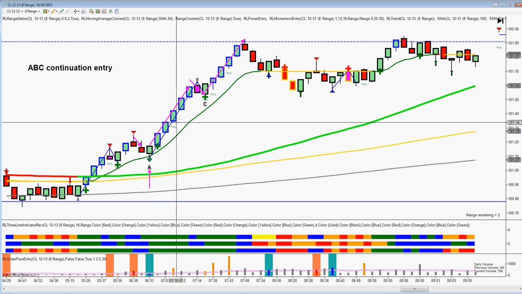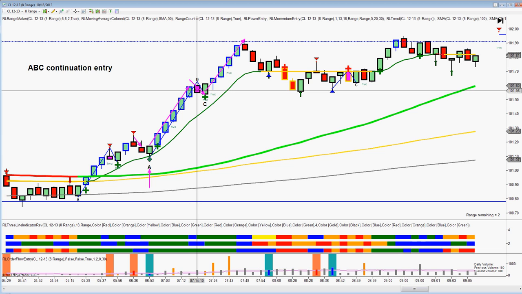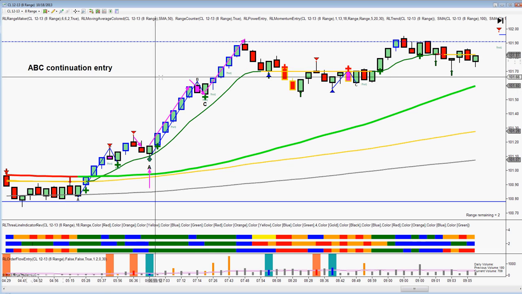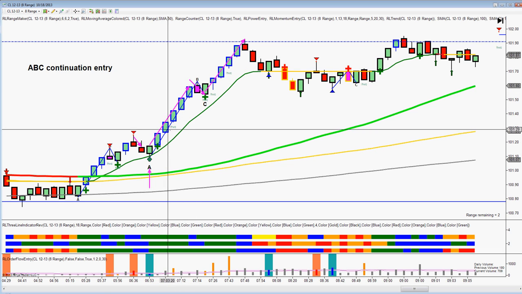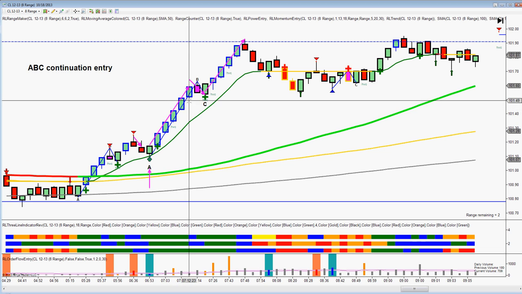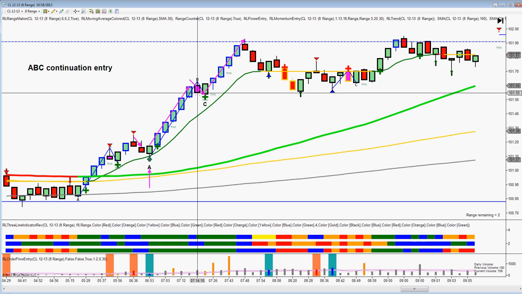So the market moves up, and then we get a B candle, and the B candle is always colored purple. And what the B candle tells you is you have buyers streaming into the market here. Sellers then try to turn the market and try to bring it down.